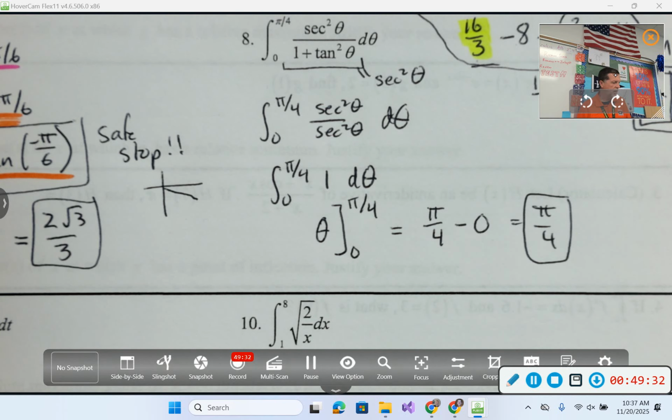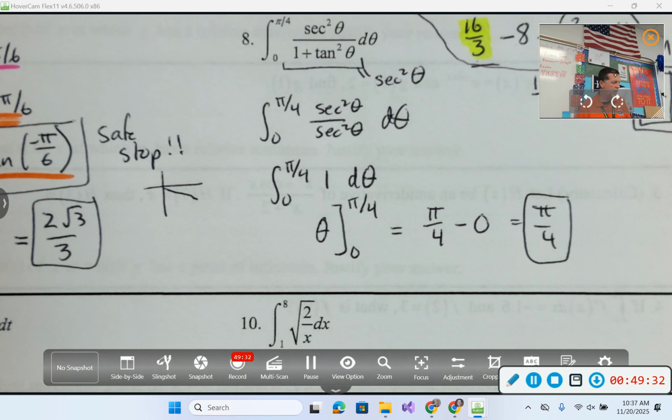Let's skip number 9. It's trig, but it's not bad. Let's do number 10 just because of the algebra. Square root of 2 over x. I'm going to rewrite that as the square root of 2 over the square root of x.